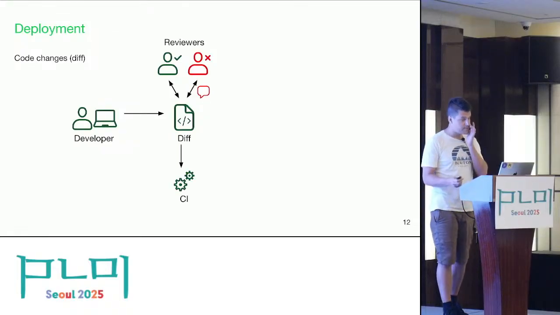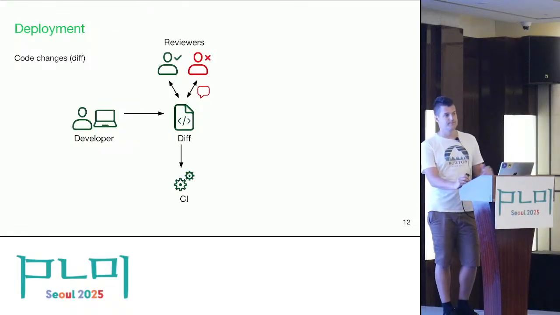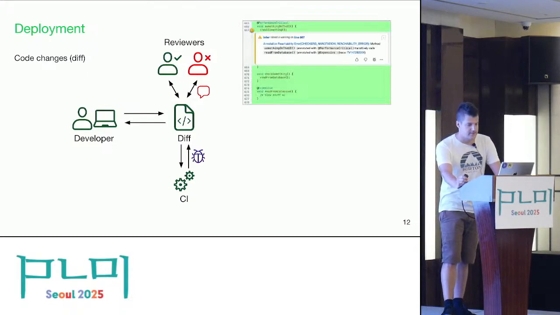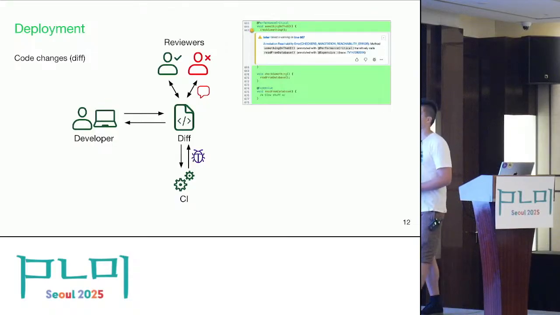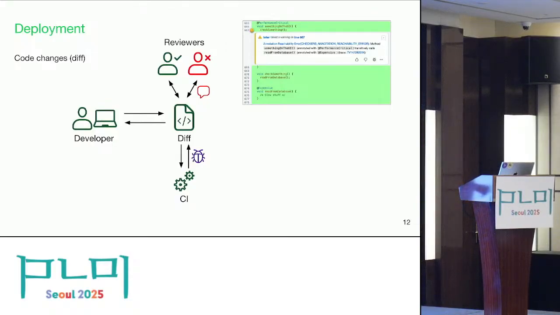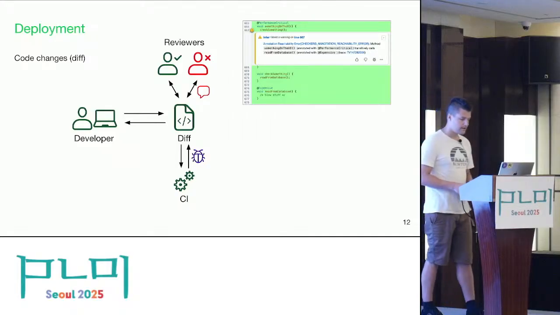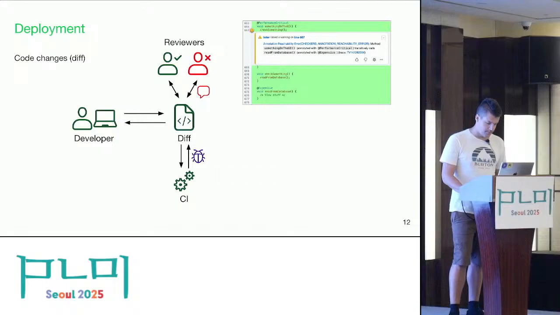And at the same time, we also have CI running with tests, static analysis, and all sorts of checks. And this is where, for example, Infer would report this bug. So if you would submit this example, then Infer would tell you that you have this problem with performance critical code calling the expensive function.